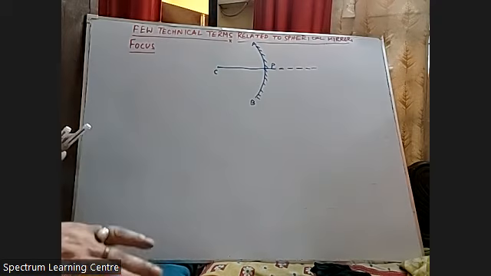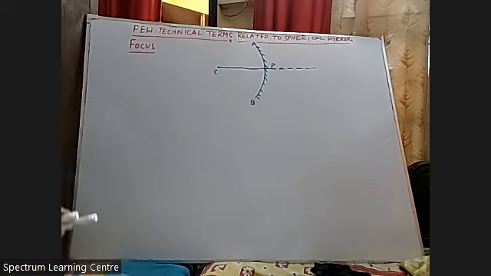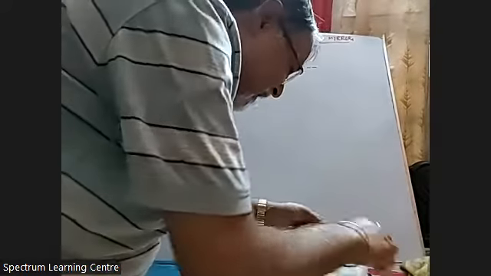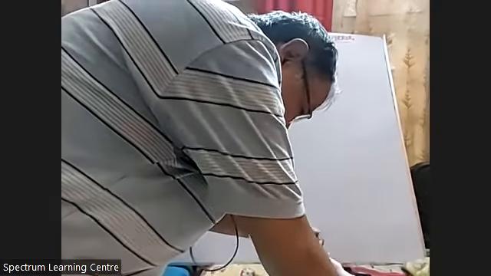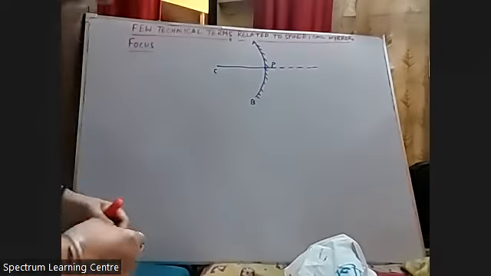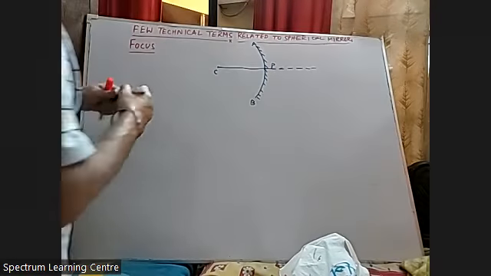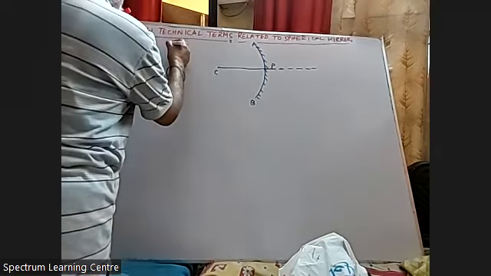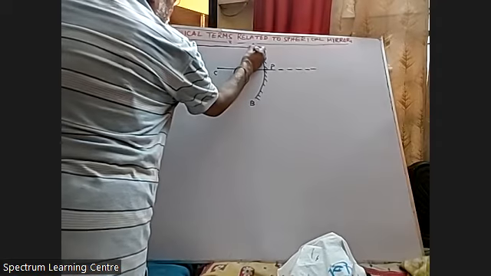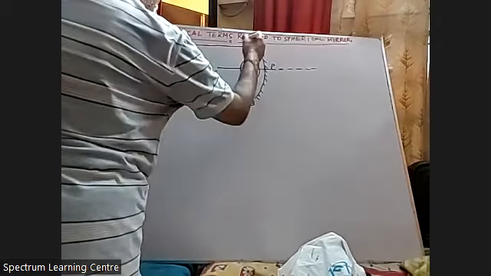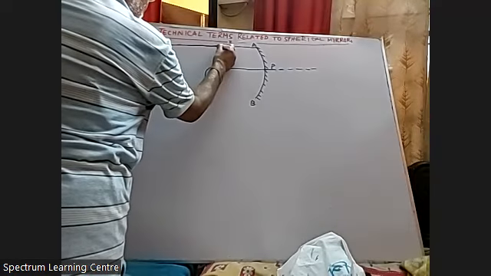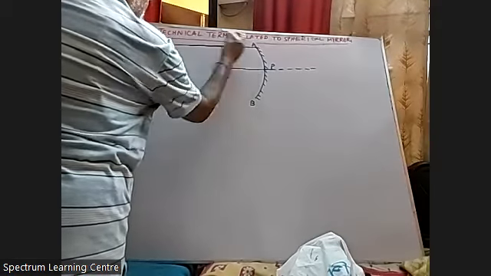I have already told you that a spherical mirror is a combination of a large number of tiny plane mirrors. Am I right? Now suppose incident rays are coming from infinity.